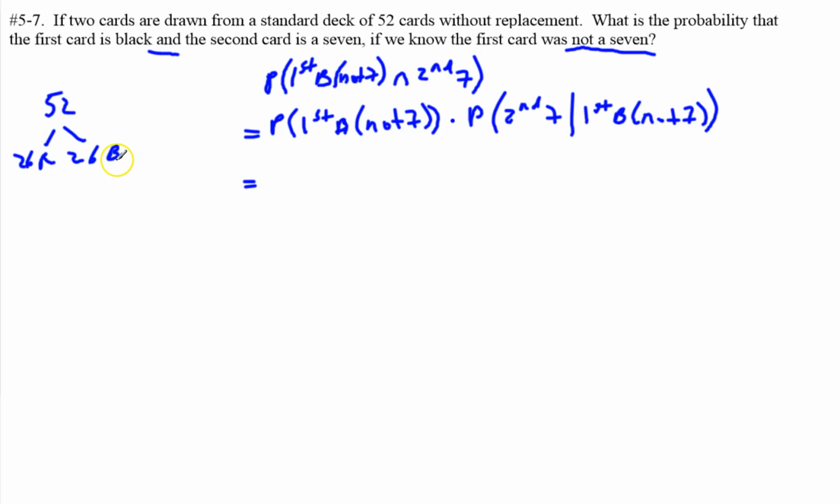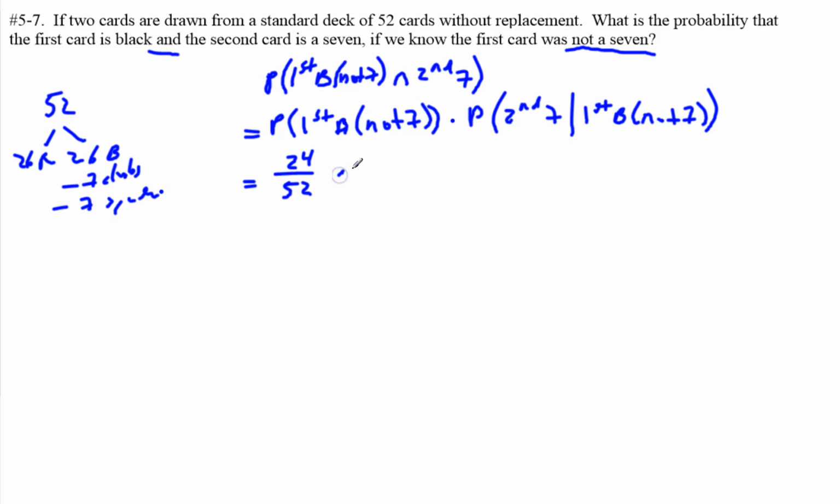There are 2 black 7s in the deck: the 7 of clubs and the 7 of spades. So that removes 2 more from consideration. If I take the 26 black cards and take out the 2 black 7s, there are really 24 cards in the deck that are black but not 7 out of the 52 cards. So that first probability would be 24 out of 52.